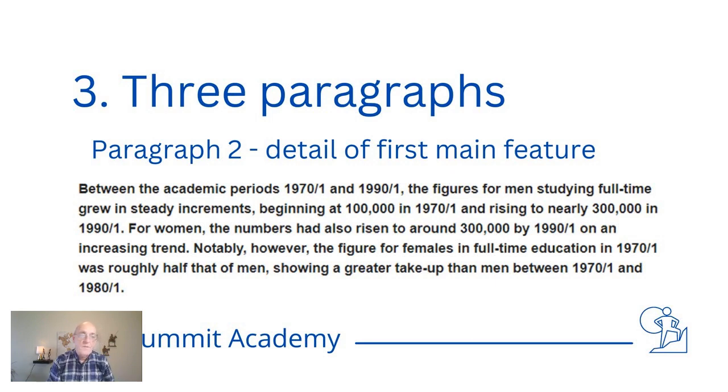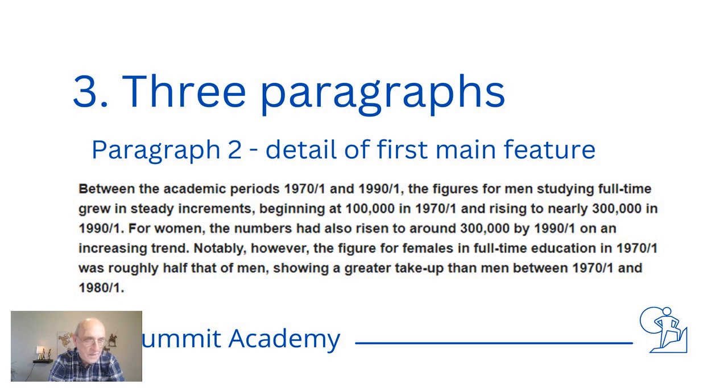Notably, however, the figure for females in full-time education was roughly half of that of men, showing a greater take-up than men between 1970 and 1980-81. So in other words, the amount of women grew more quickly. It was a greater take-up than that of men.